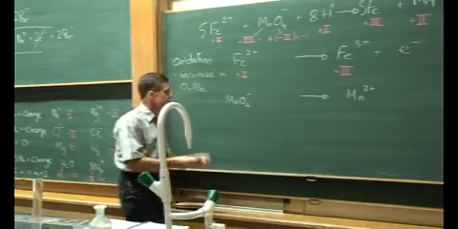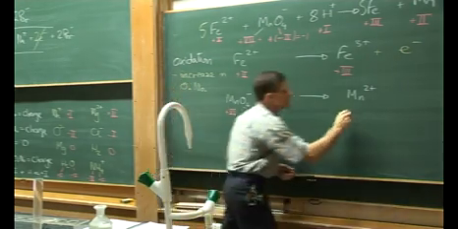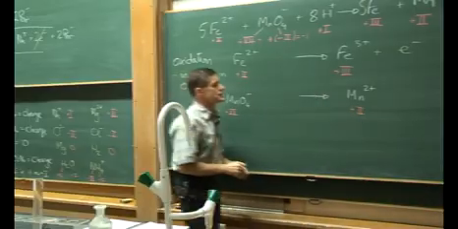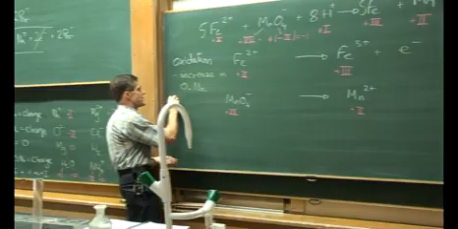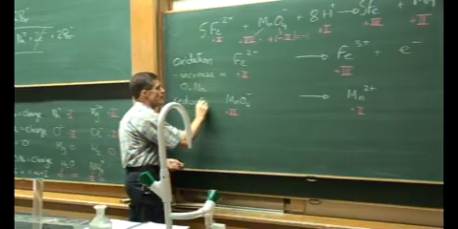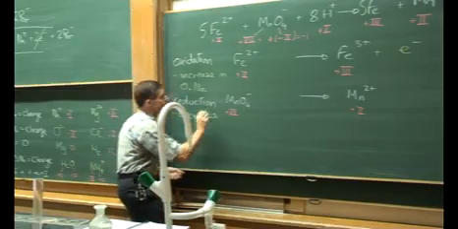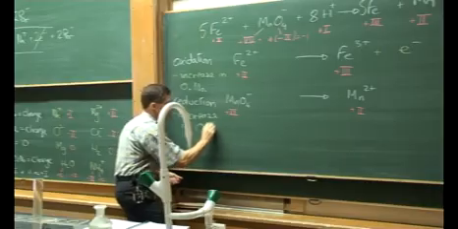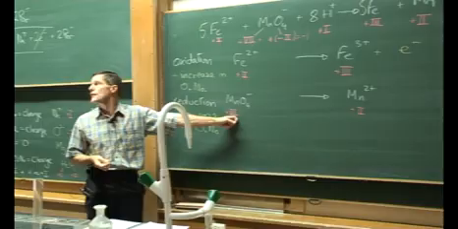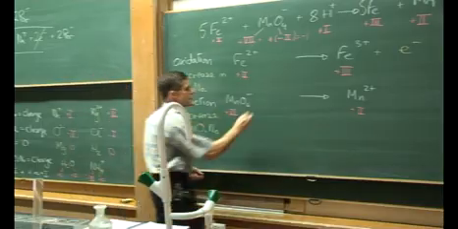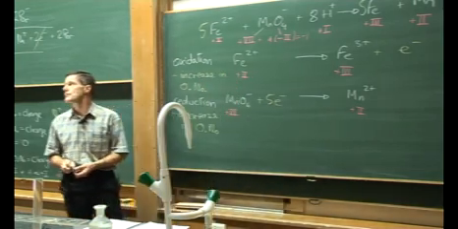In this case, I've got a decrease from +7 to +2. So a decrease in oxidation number is going to be a reduction. The oxidation number has decreased by 5 units, so it's going to be a 5 electron reduction.